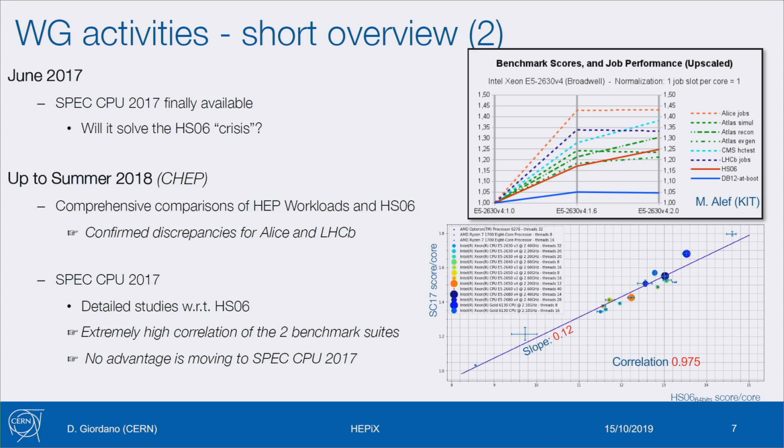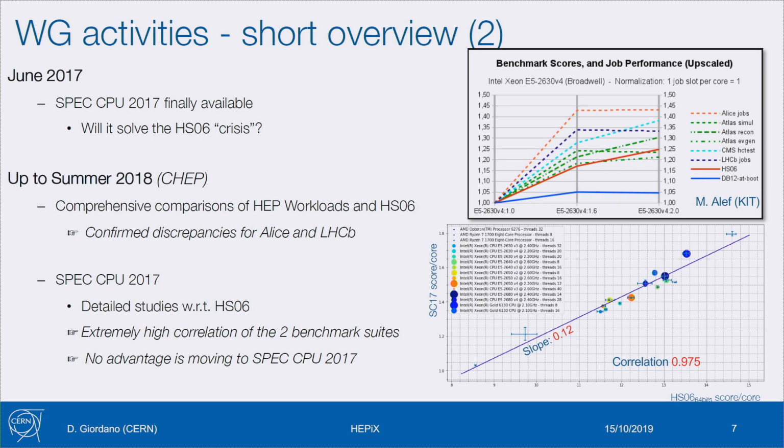So we range from Sandy Bridge to Haswell, Broadwell. In the latest phases, we could also benchmark some of the AMD processors. And as you can see, there is a very high correlation. This is when, for SPEC CPU 2017, we also select the C++ benchmarks.